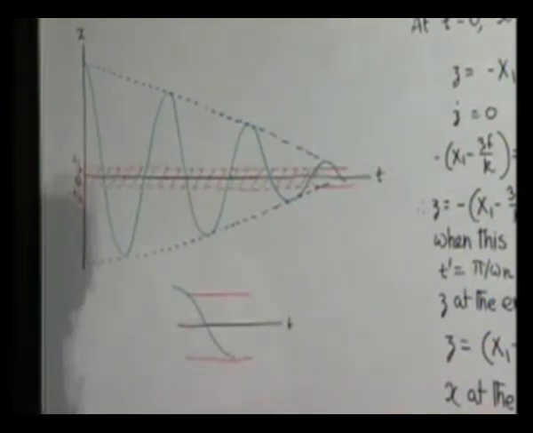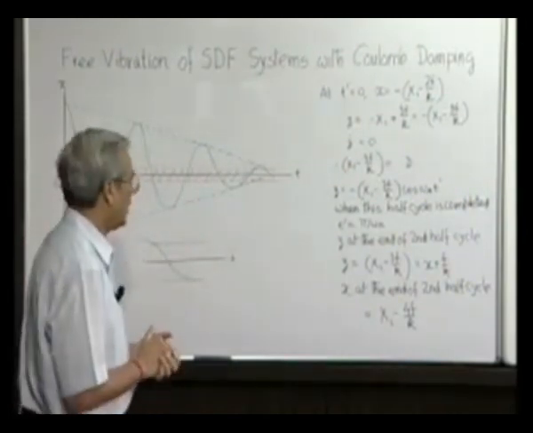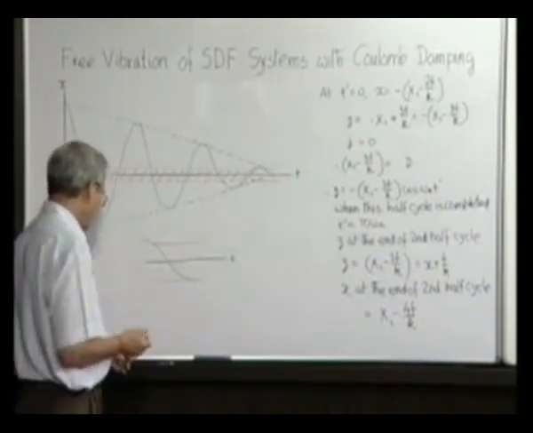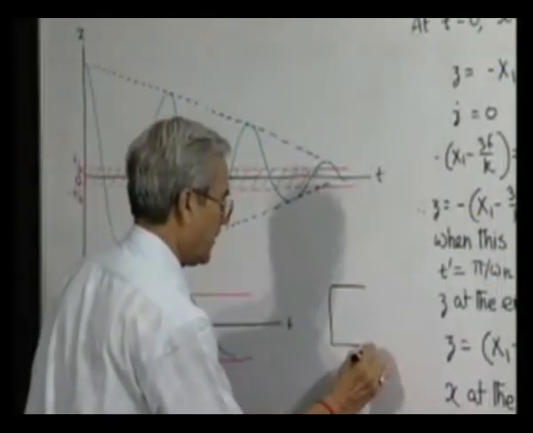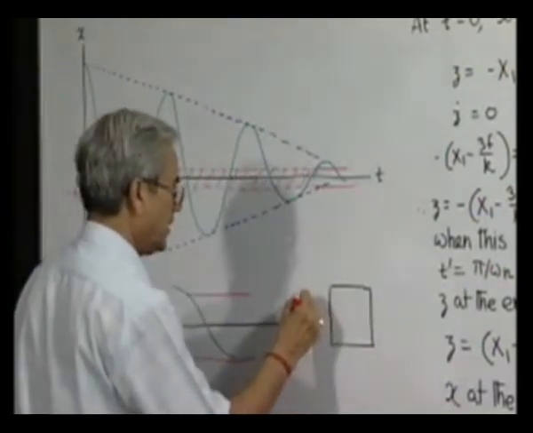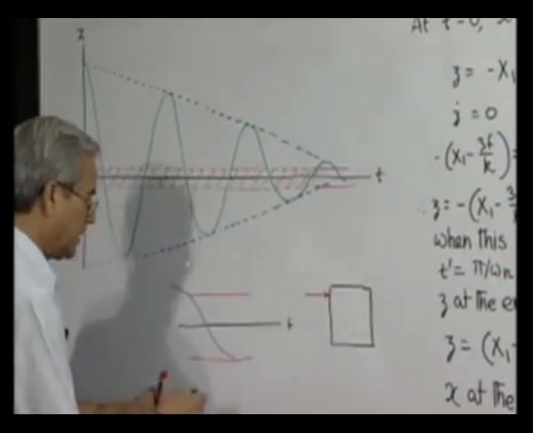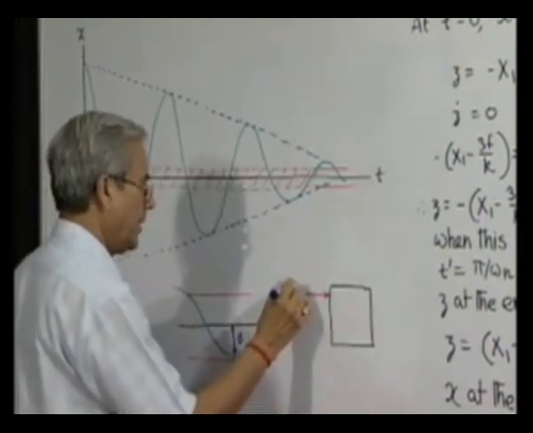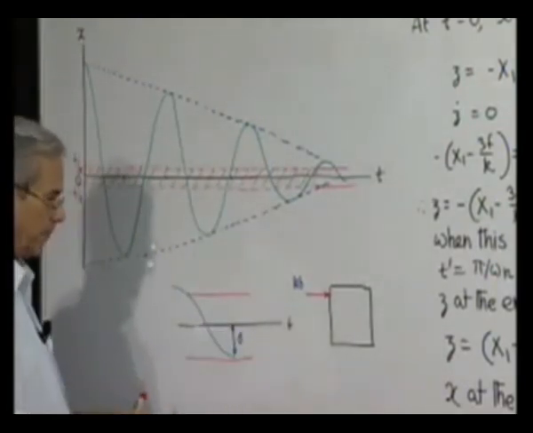Now what happens? The velocity of the mass is 0. That means it stopped. Now for this to move, there must be some resultant force acting on it. But what is happening? The mass has come here on the other side of the equilibrium position, and spring is supplying how much force? If this deflection is say delta, it will be k delta, and it is compressive because delta is in the negative direction.